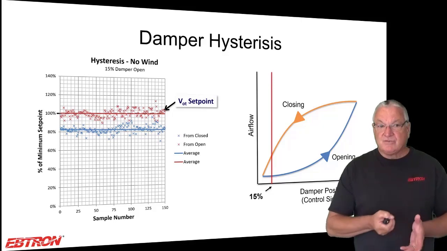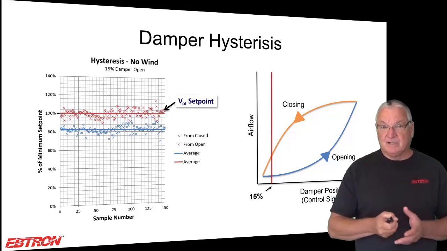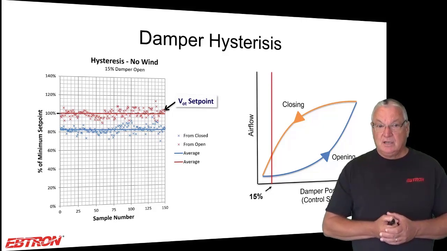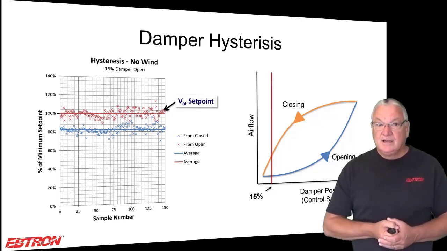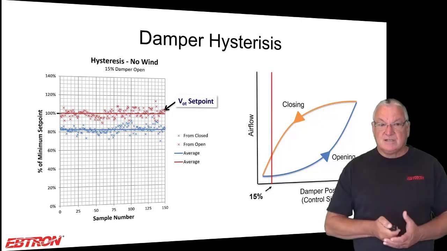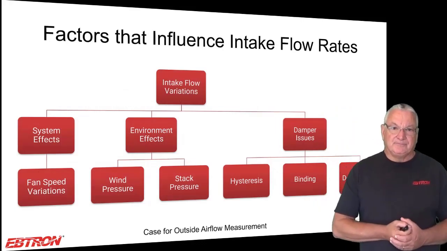Depending on which direction we came from, we have a 20% variability in the outside airflow rate. So which one is the one that you should have set it up for? The answer is that there is no right way. Dampers have hysteresis.